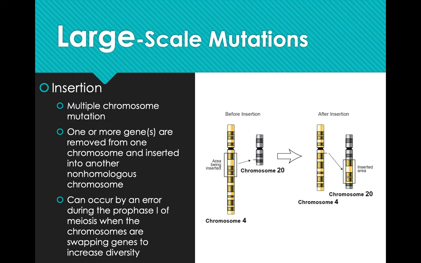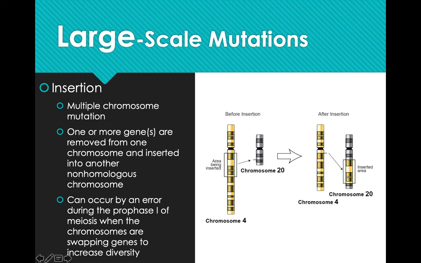However, when my cells go to divide during meiosis to produce my sex cells, there's a chance that the offspring or my future child would be missing or have extra of something depending on which one of these chromosomes they got.